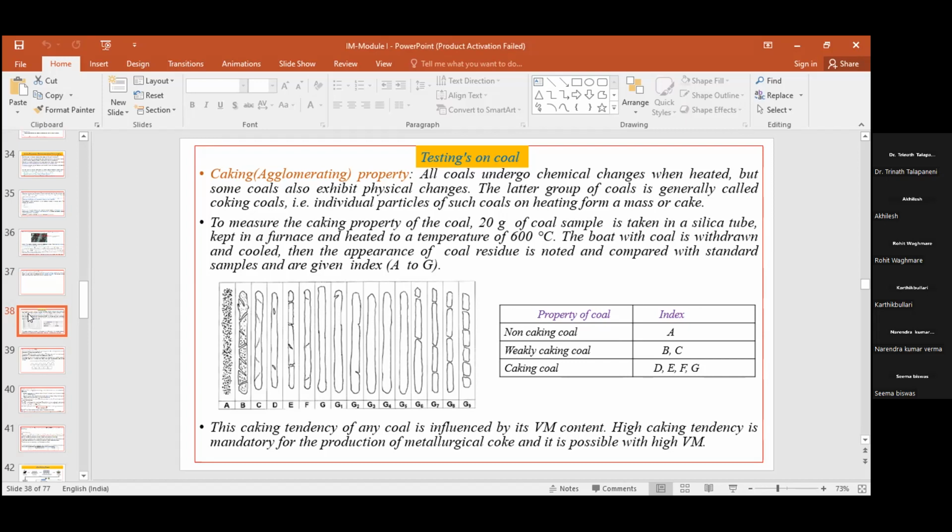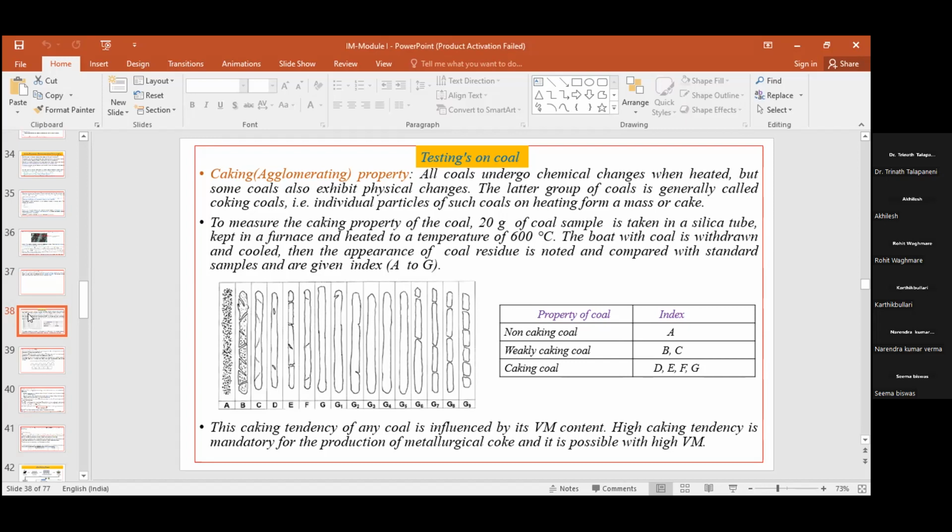So to check this kind of agglomerating behavior at lab scale, we do testing for the coal by taking a small sample of 20 grams, and we keep this 20 grams of sample in a boat made of silica refractory material and heat it to a temperature of 600 degrees centigrade, and then cool down to room temperature, and we check whether the coal is getting agglomerated or not.